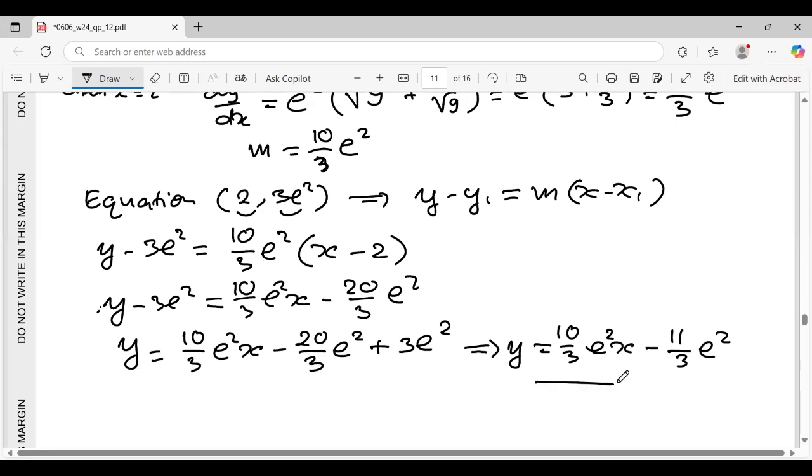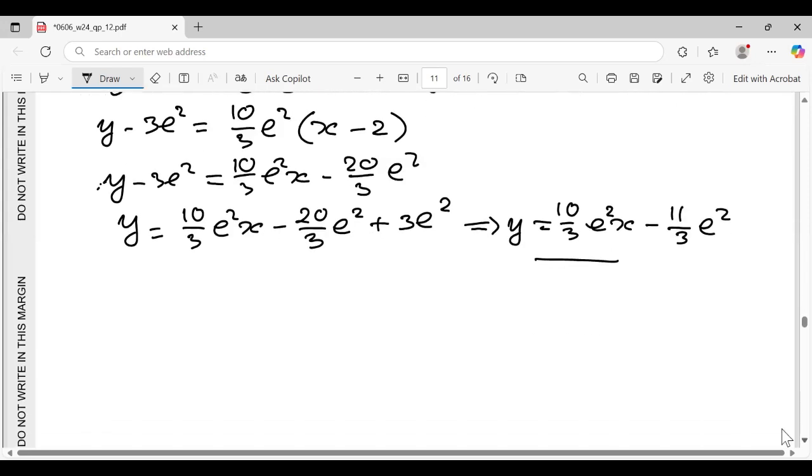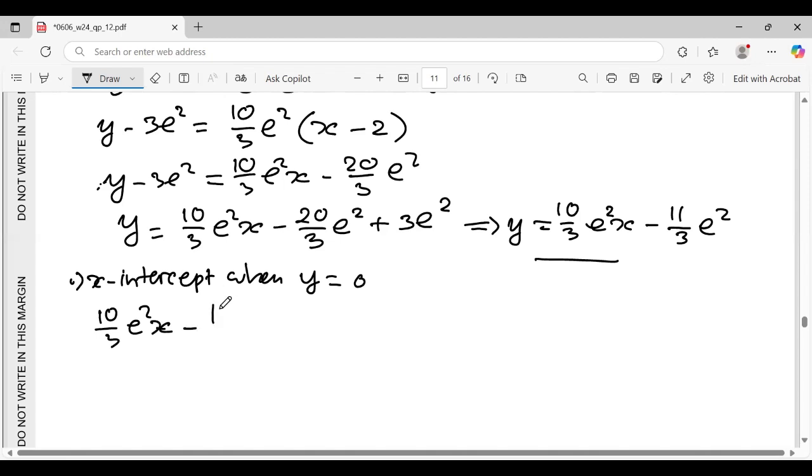So this is y. And after that, we're going to find the x-intercept. The x-intercept is when y equals 0. And if y equals 0, this equation becomes 10 thirds e squared x minus 11 thirds e squared equals 0.